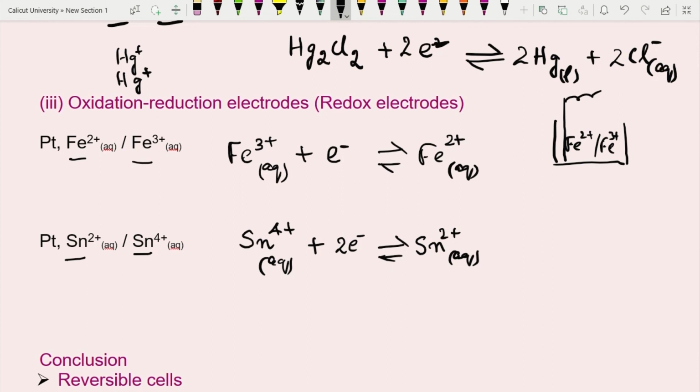So, we have another type of redox electrode. You can have any such type, for example cerium, with cerous and ceric forms. You just take the mixture of these two, dip a platinum wire into it, and you can set up a redox electrode.